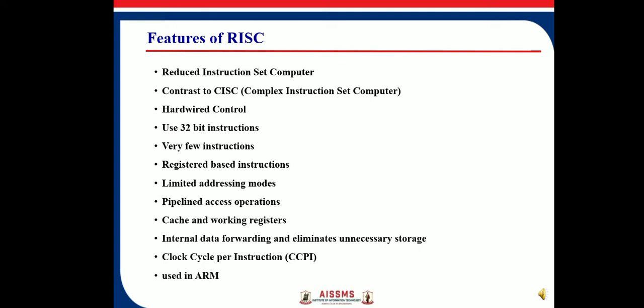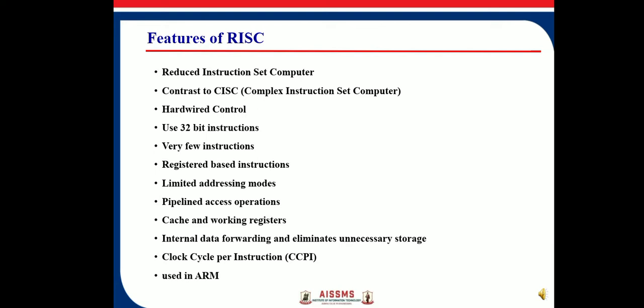The memory access cycle is broken into pipelined access operations. This involves the use of cache memory and working registers. A large register file and separate instruction and data caches are used. This benefits internal data forwarding and eliminates unnecessary storage of intermediate results.